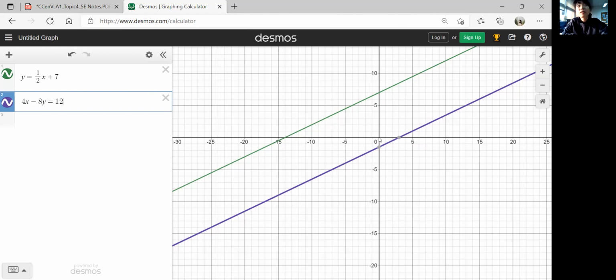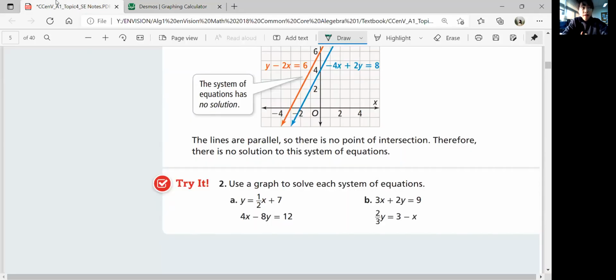If they're even slightly different in slope, like 7/9 and 6/9, they might be close. In a graph, they might look like parallel lines, but they're actually not. So it's always a good idea to double check your answers algebraically.